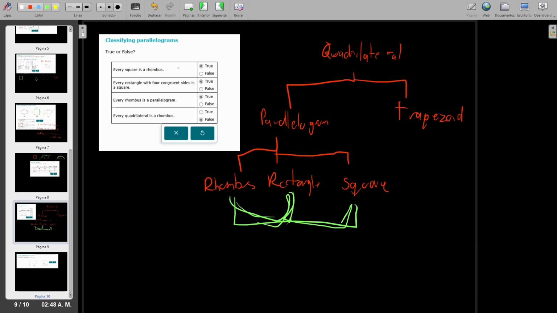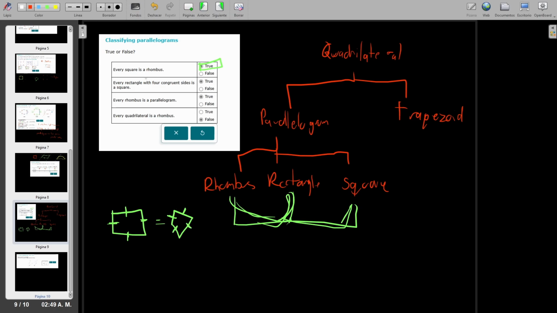So every square is a rhombus. That will mean yes. Why? Because a square means four equal sides, the same as a rhombus that has all four equal sides. That is the definition of a rhombus.